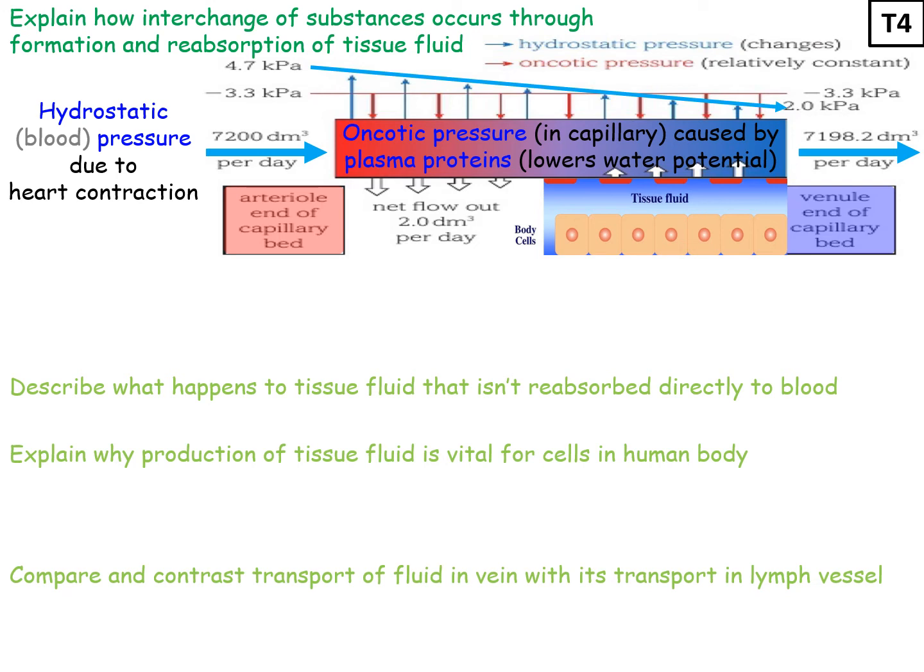So water wants to move from the higher water potential in the tissue fluid towards the lower water potential in the capillary. That creates an oncotic or osmotic pressure that wants to force fluid out of the tissue fluid and into the capillary. So you've got two types of pressure acting against each other. And the oncotic pressure is stable throughout the whole capillary.